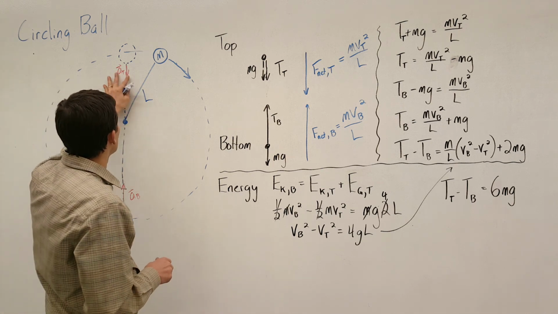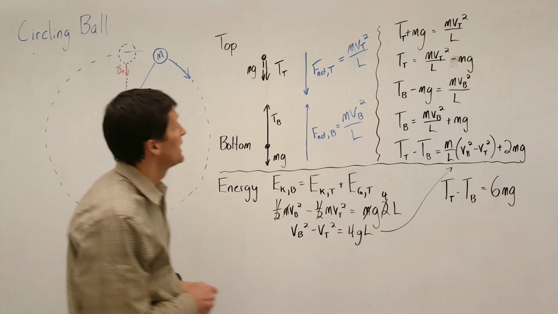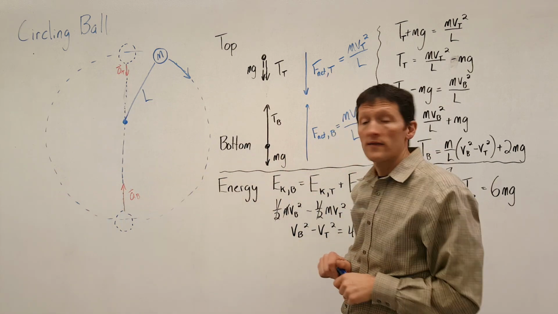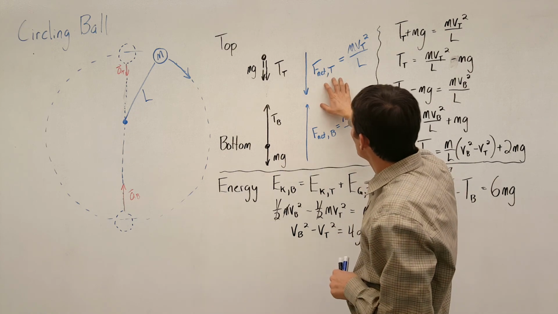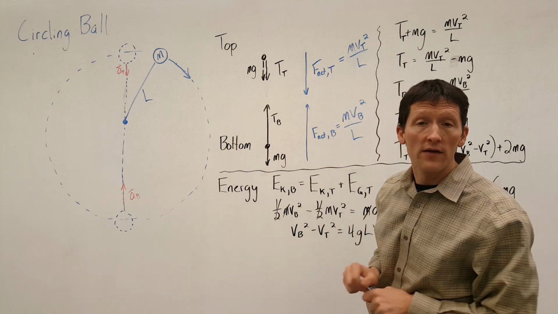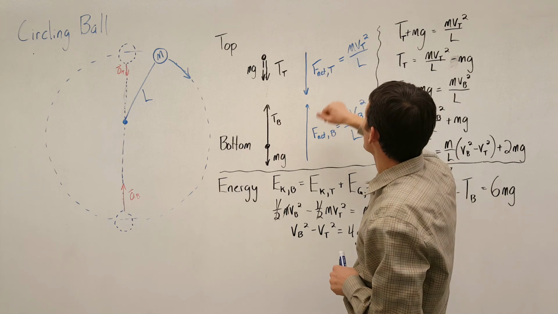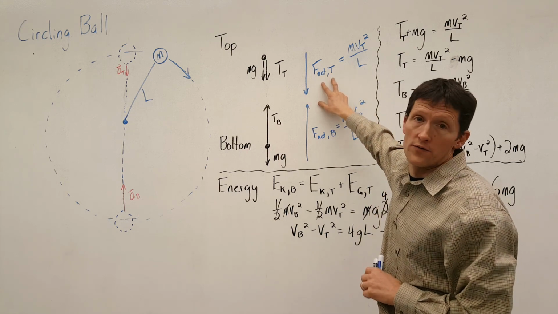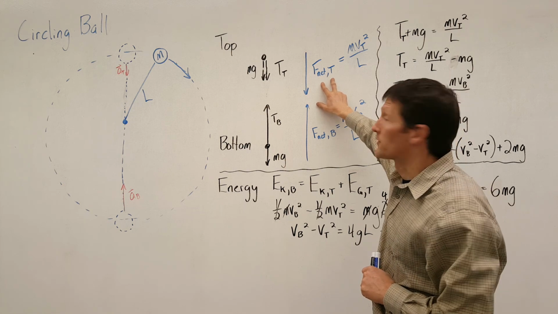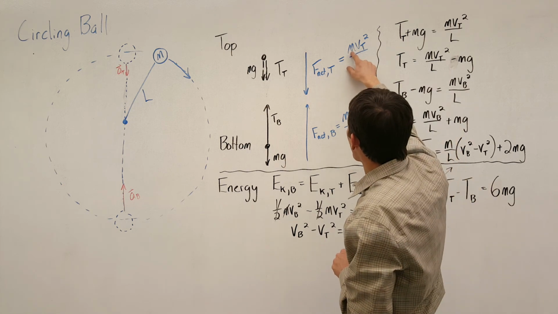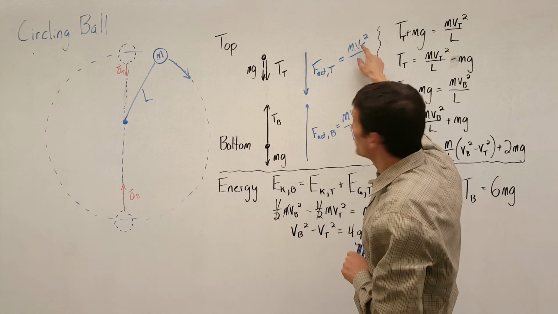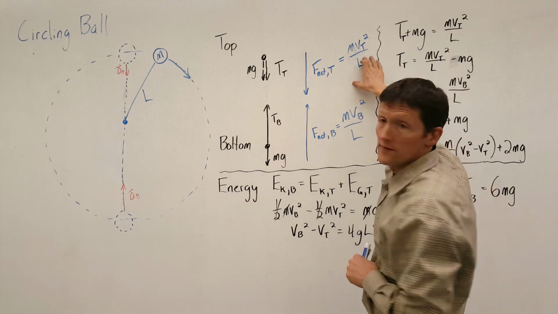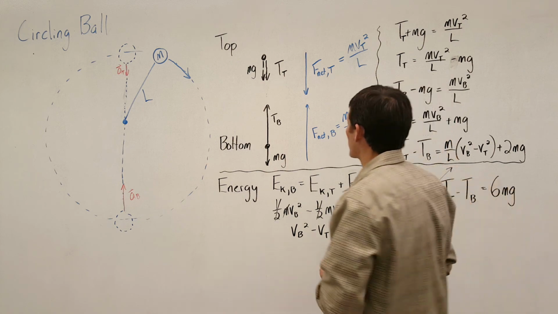So given all that, I know these are my directions for acceleration, and the net force will provide the centripetal force towards the center of that circle, which is equal to the mass of the object times its speed squared divided by the radius, and in this case the radius is L, the length of the string.